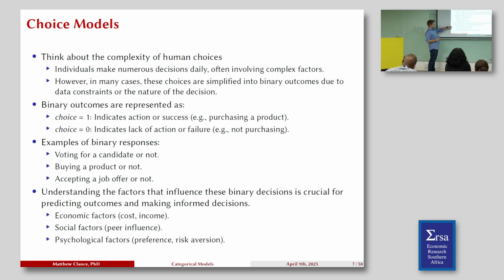Understanding the factors that influence the binary decision is crucial, basically for predicting outcomes and making informed decisions. So we think about it in terms of economic factors, social factors, and psychological factors. Okay? This is sort of what we're using when we see surveys. That's one way of doing it. Other times, you've seen models in terms of Becker's crime example.